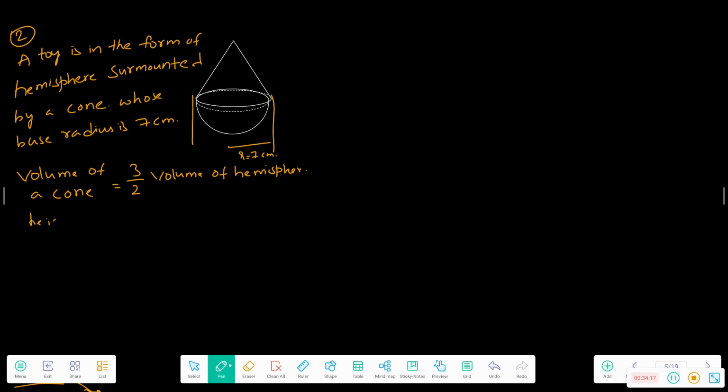So he asked to find first the height of the cone, then we need to find the surface area.